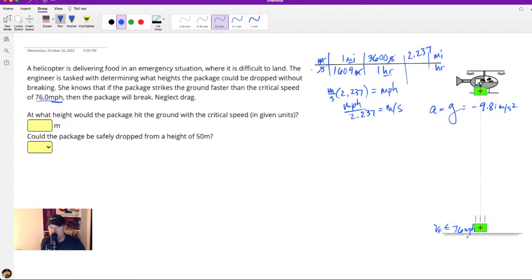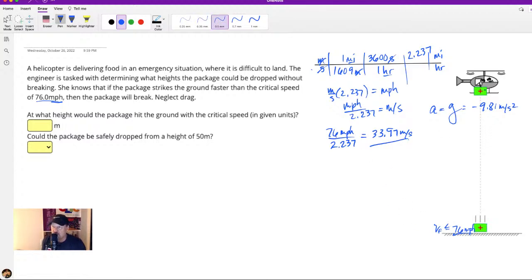So the first thing we're going to do is convert 76 miles per hour into meters per second. So 76 miles per hour divided by 2.237 equals, you see here, 76 divided by 2.237 is 33.97 meters per second. Now that is going to be our V final.